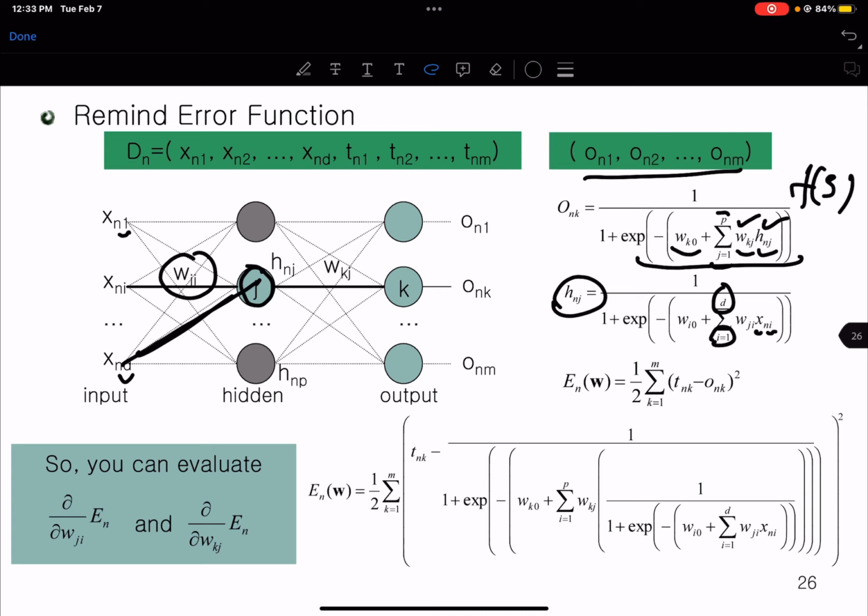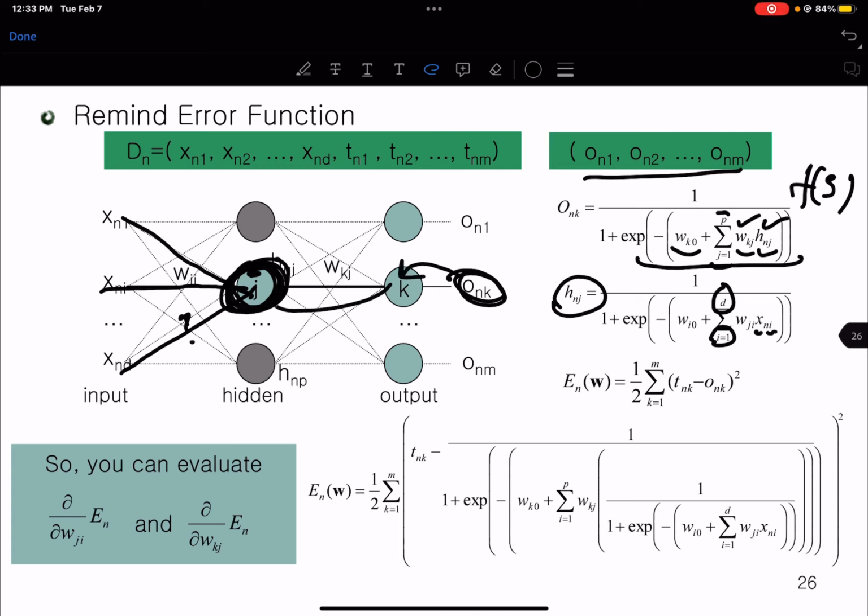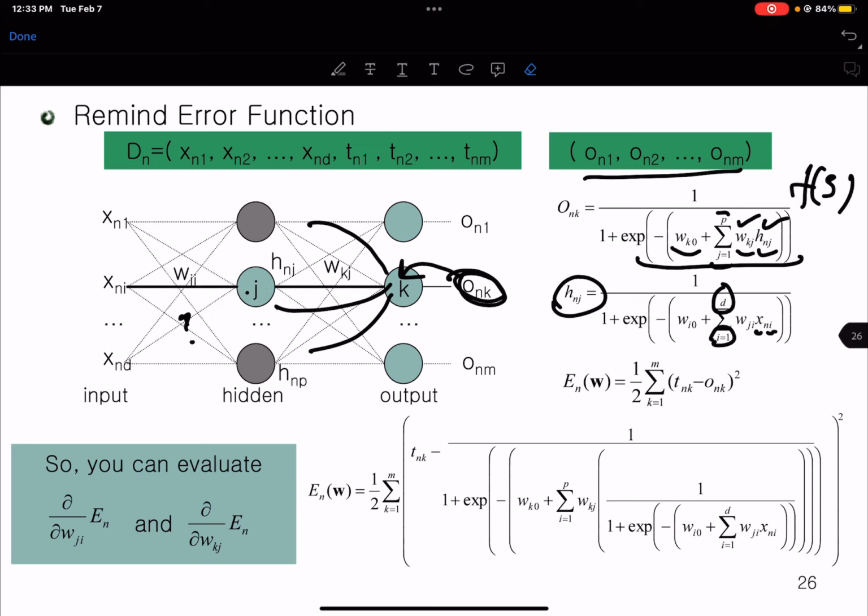So only for this node j, it will be x n 1 multiplied by this weight, x n i multiplied by w j i, and then x n d multiplied by this weight value at this node. This will lead to only one value, and this o n k is not only dependent on this, it is also dependent on this. Similarly, it is also dependent on all the other nodes and their estimations.